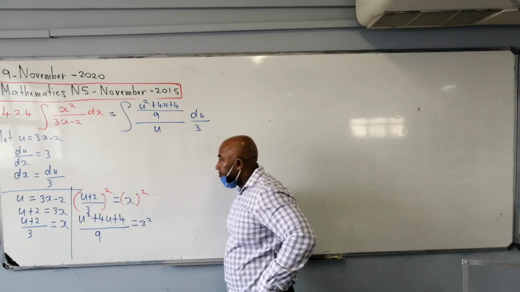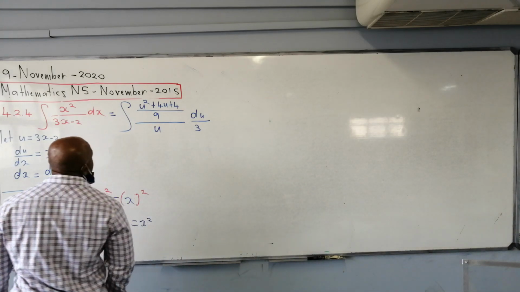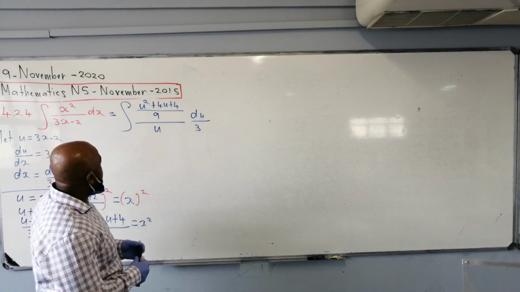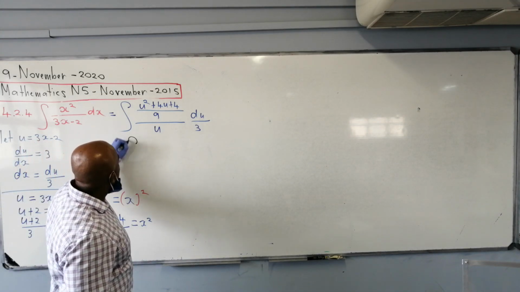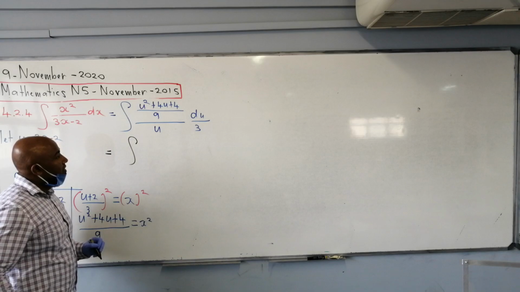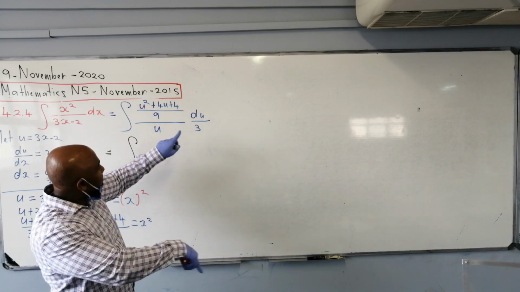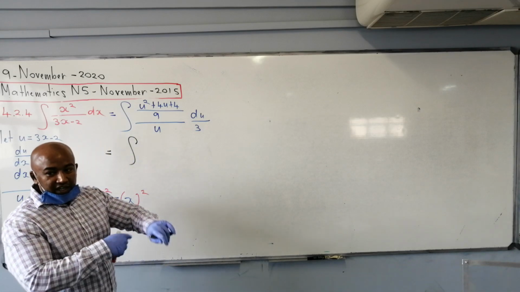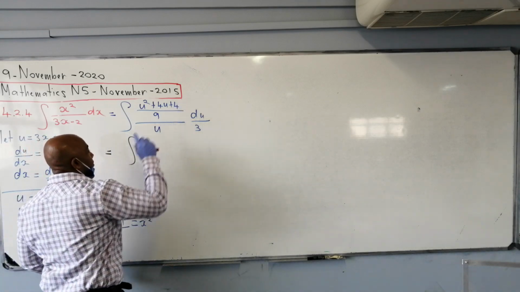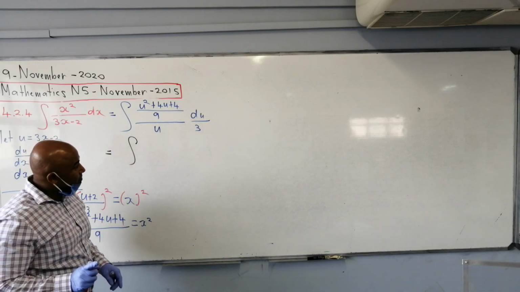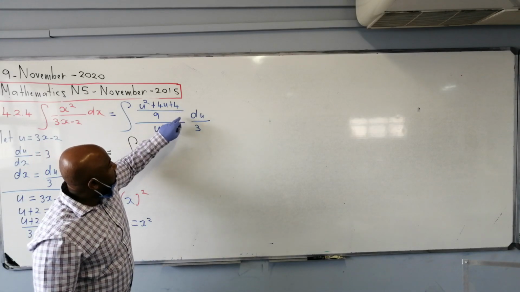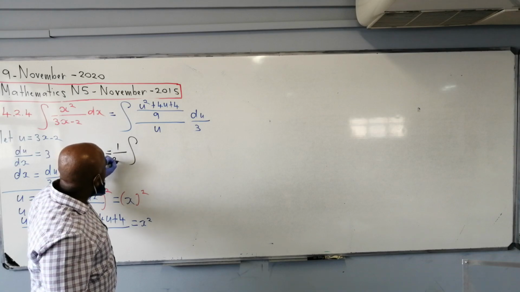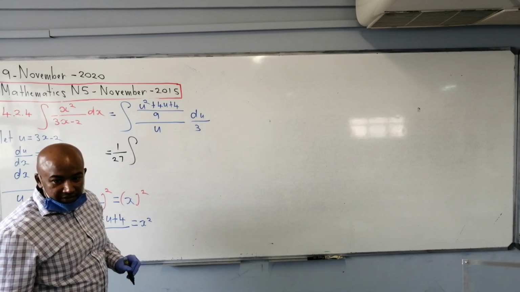Okay, so now simplification. So what's happening here now is that if I invert and multiply here, remember this is u over 1. So if I invert and multiply, it becomes 1 over u. Okay, so basically this becomes 1 over u. This is 1 over 3 times 1 over 9, which is going to be 1 over 27.